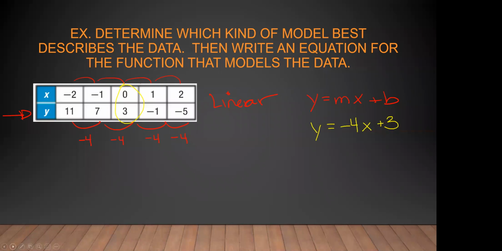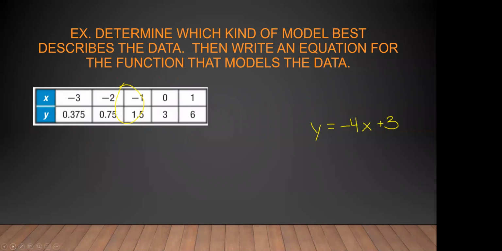All right. So here we have another function. We can see the x values are going up by 1. So we're going to look at the differences in the y values. How do we get from 0.375 to 0.75?